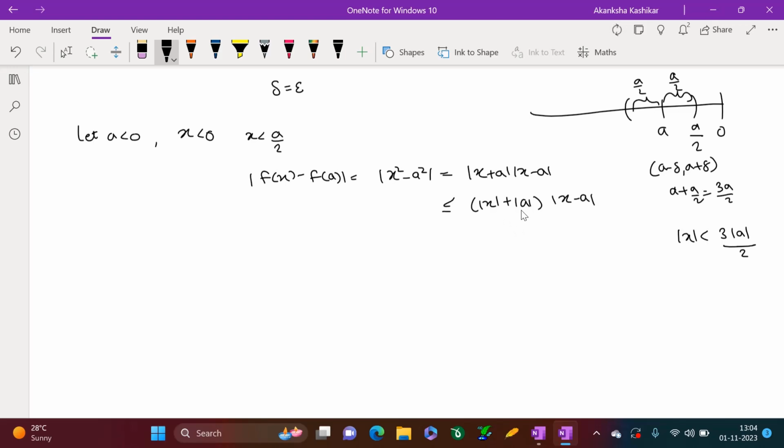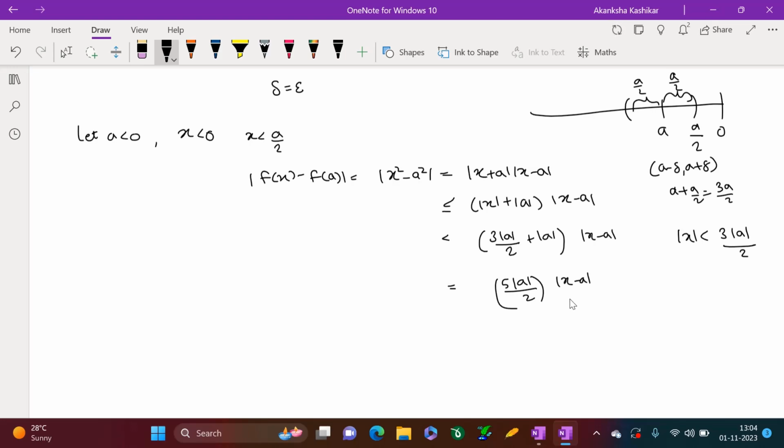So when I add it here, this will be less than 3 mod a by 2 plus mod a, and this stays as it is. So this is equal to 5 mod a by 2 into mod x minus a. Okay, is it okay so far?